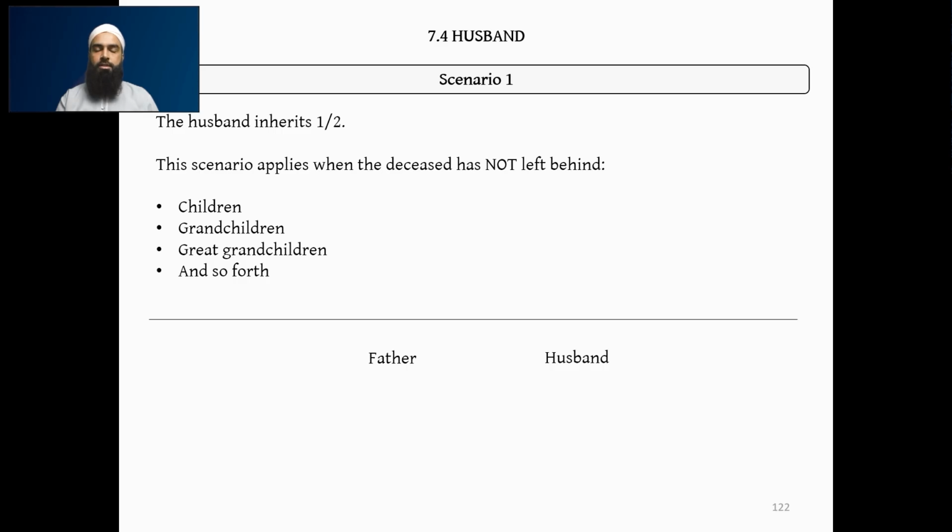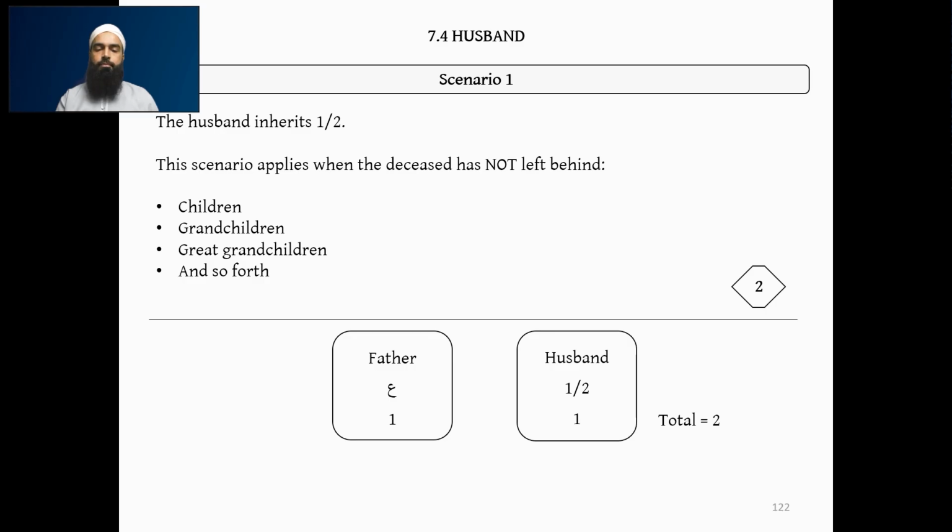Now to reveal the answer, husband receives his half. Because there are no descendants, father will receive his agnatic share. Because there's only 1 fraction, we make it out of 2, the denominator of the half. Husband receives 1 and the father receives 1, total is 2, so everything is fine.